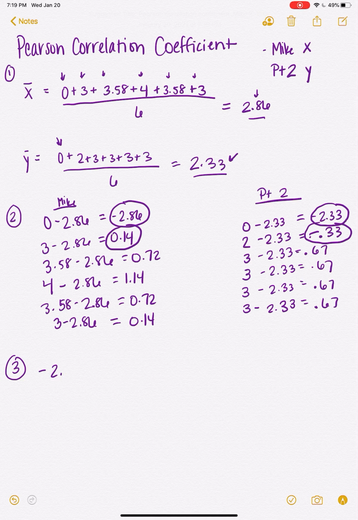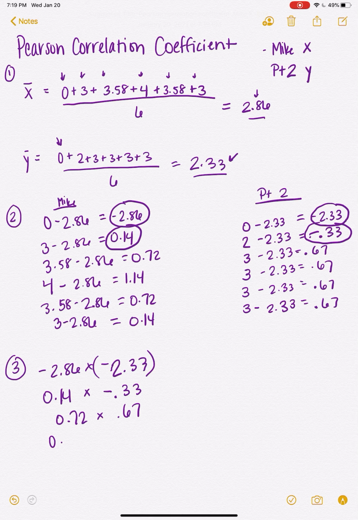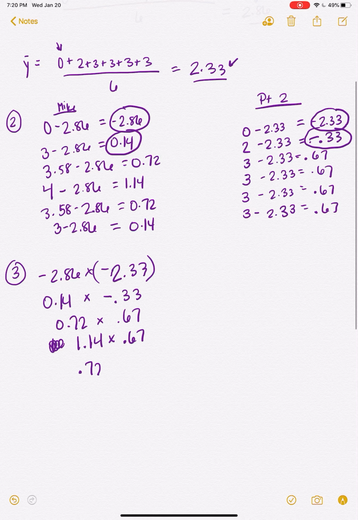So negative 2.86 times negative 2.33, 0.14 times negative 0.33, 1.14 times 0.67, 0.72 times 0.67, and 0.14 times 0.67.